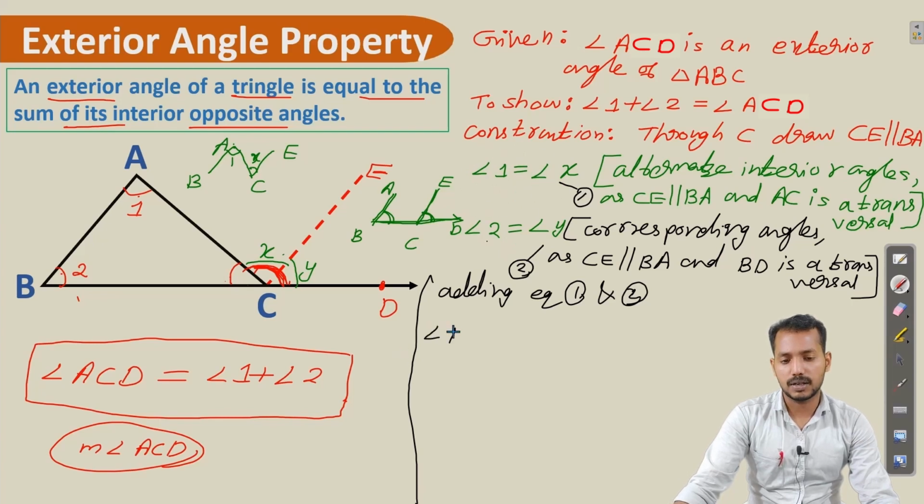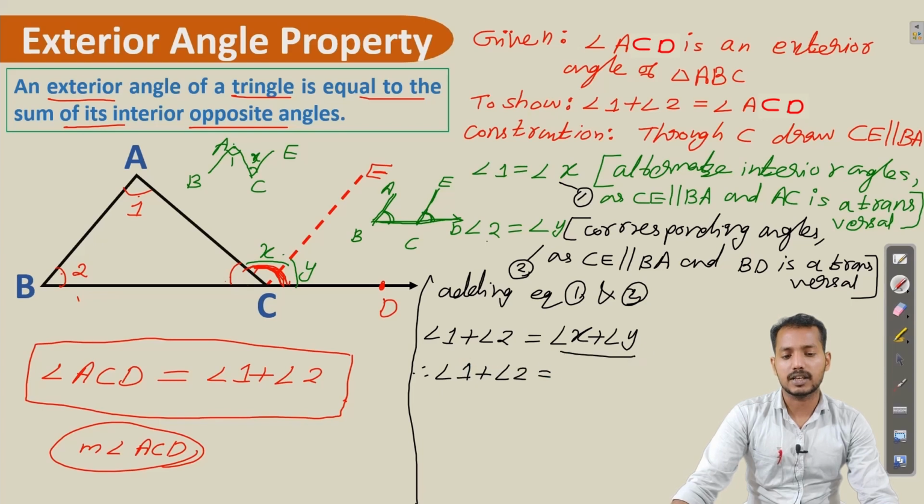So angle 1 plus angle 2 is equal to angle X plus angle Y.